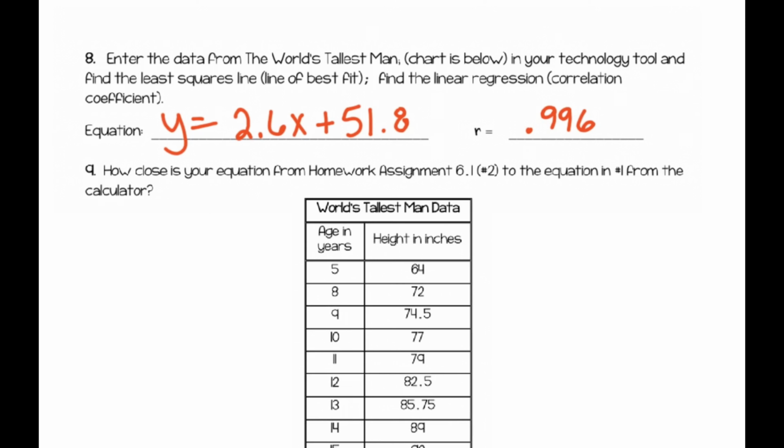It's not crucial that you can make a scatter plot, although that's interesting, and sometimes you really need to see if it's exponential or linear, so that's something you should know. But being able to find the line of best fit is the most important thing. Don't forget to always turn diagnostic on. Every time you clear your calculator with second plus 7, 1, 2, you have to turn diagnostic on again. So just remember that. Go ahead and do this assignment, then check your work and make sure you're doing it right.